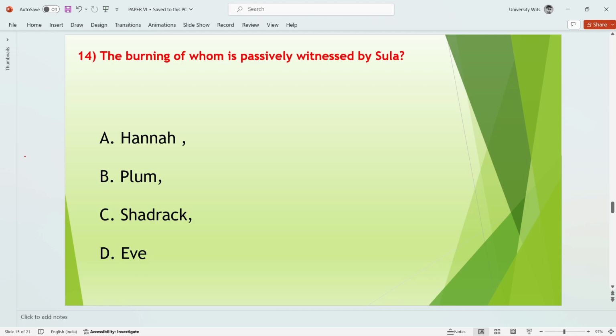This scene becomes a point of contention between Sula and her grandmother Eva, who blames Sula for her inaction. So Hannah is the correct answer. Passively, you can see in the question, the burning of whom is passively witnessed by Sula, right? So Hannah is the correct answer.